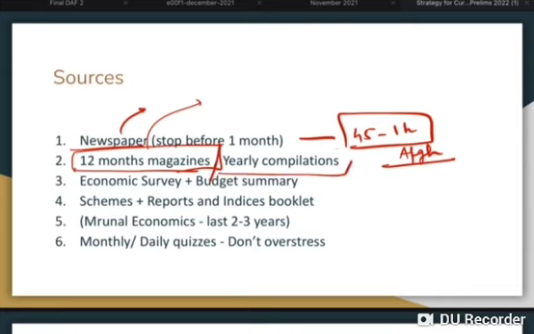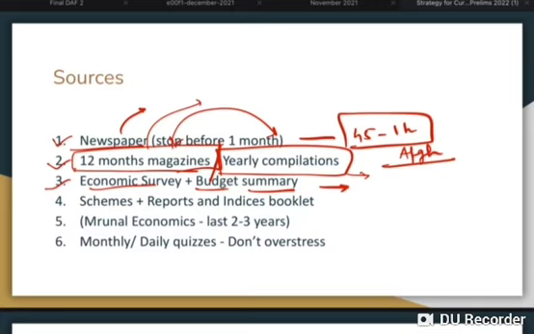Alternatively, we can read yearly compilations like PT 365 because they are the same thing and we should select either one of them. Third source is economic survey and budget summaries. Now these two are very important even for mains, but even for prelims, because they give data and they give important economic concepts.